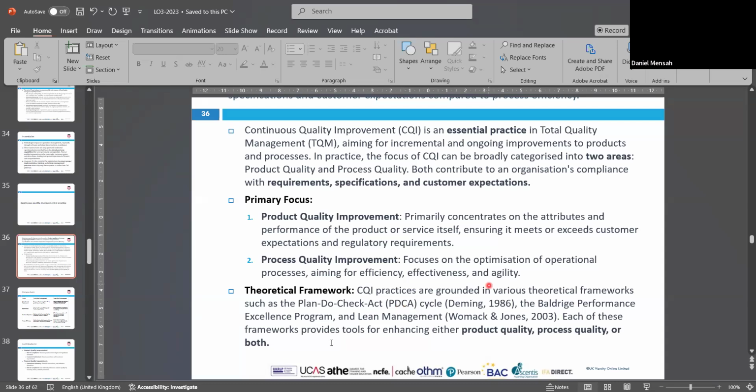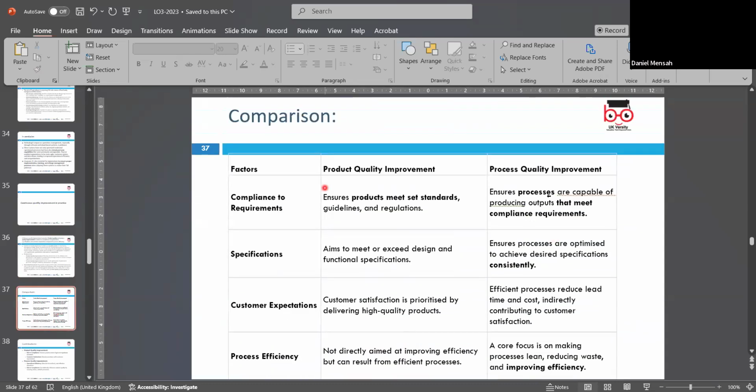All of these frameworks try to enhance the product quality, process quality, or both. So quickly we will make a comparison between both approaches.